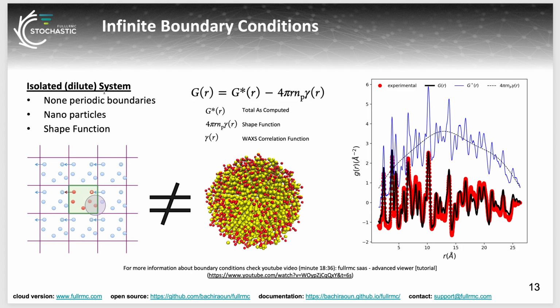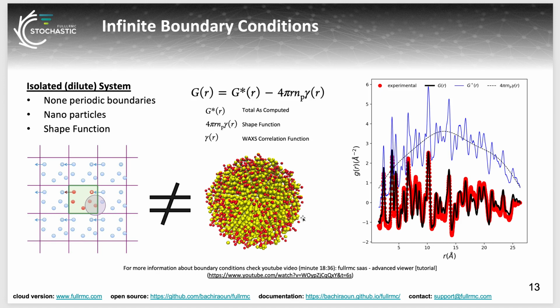Maybe the terminology is funky here, but infinite is because the boundary conditions are set at the infinite. So you are simulating an isolated system. The way fullRMC does it to account for the drop in density is by computing a sort of shape function that will be subtracted to bring back your simulated system to the experimental one.